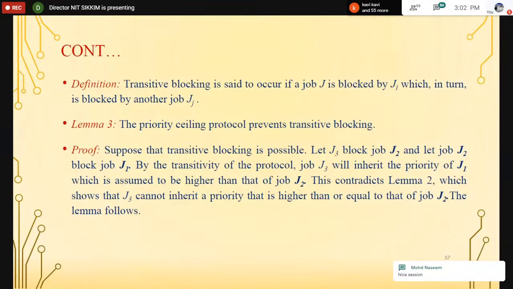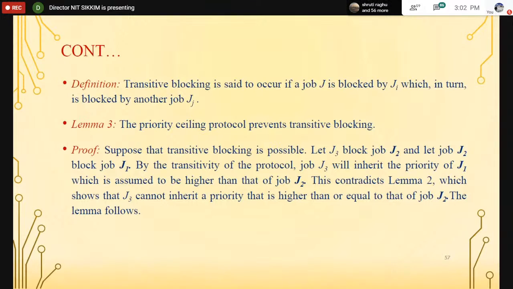I think we are aware of the transitive property from when we study relations, right? We study the transitive relation. So A gives B, B gives C. So now A gives C also. Therefore, suppose J3 blocks the job J2 and the job J2 blocks J1.